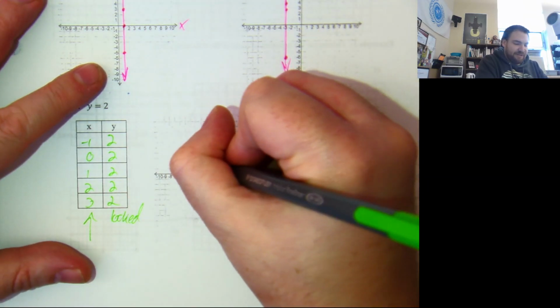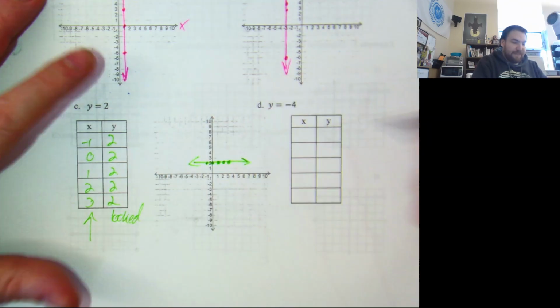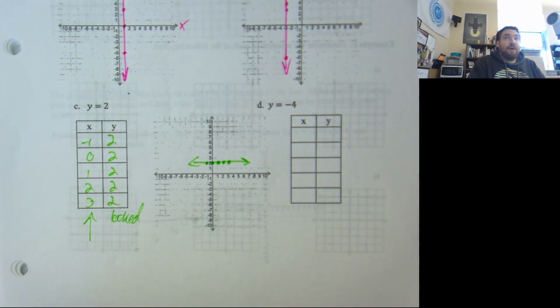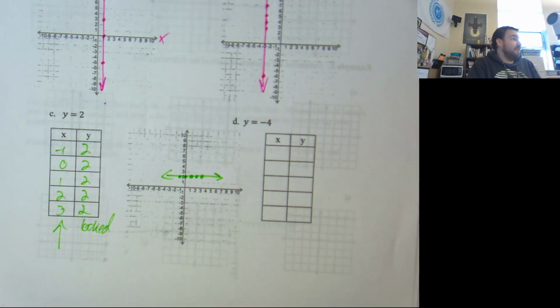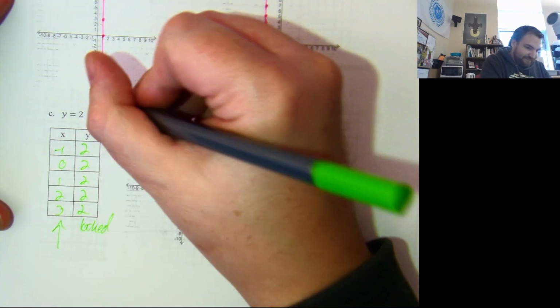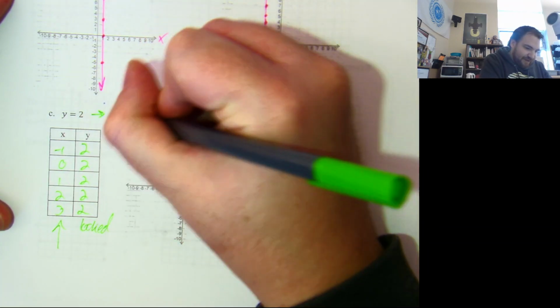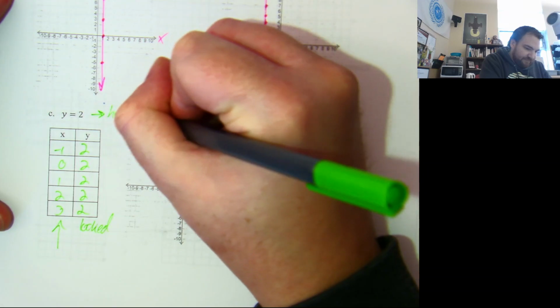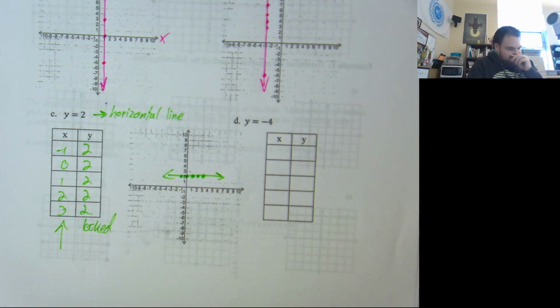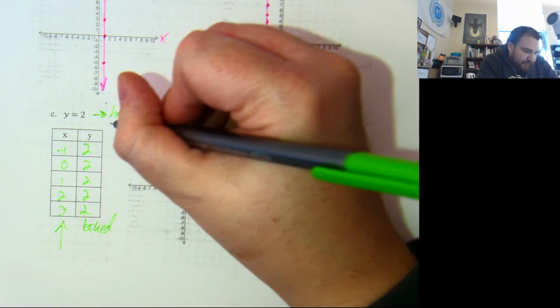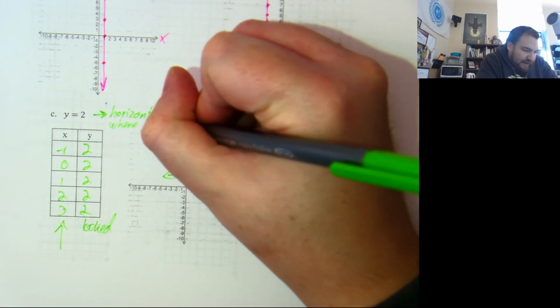And we get, as Lucas said, a horizontal line. So this is going to be a horizontal line where Y equals 2.